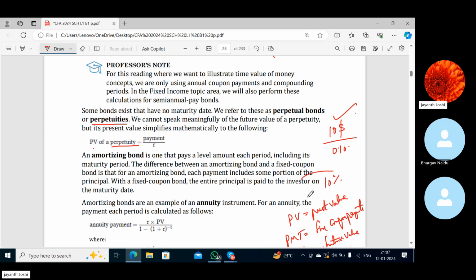At a rate of return of 10%, if British Petroleum is ready to pay $10 per annum for the entire lifetime of a person or for an infinite period of time, then how much would the person have invested today? $100. Did you understand? This is nothing but the present value of perpetuity.